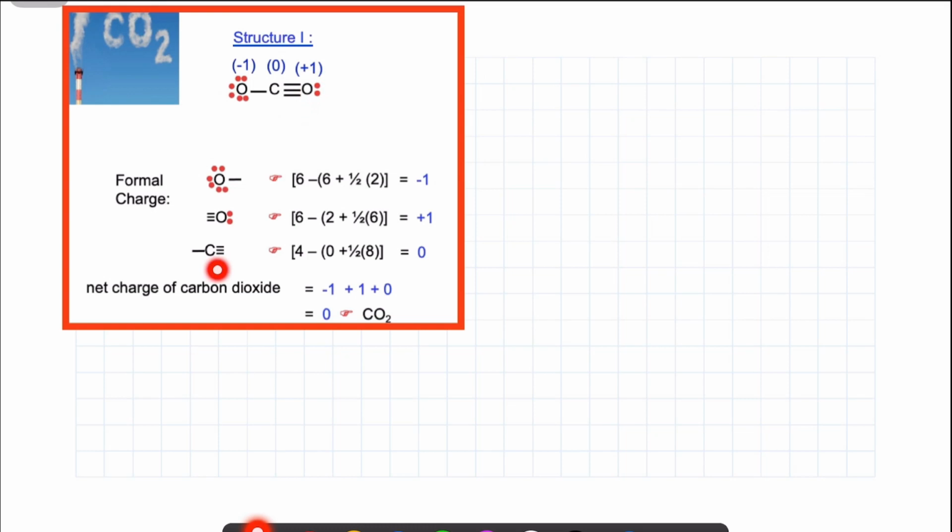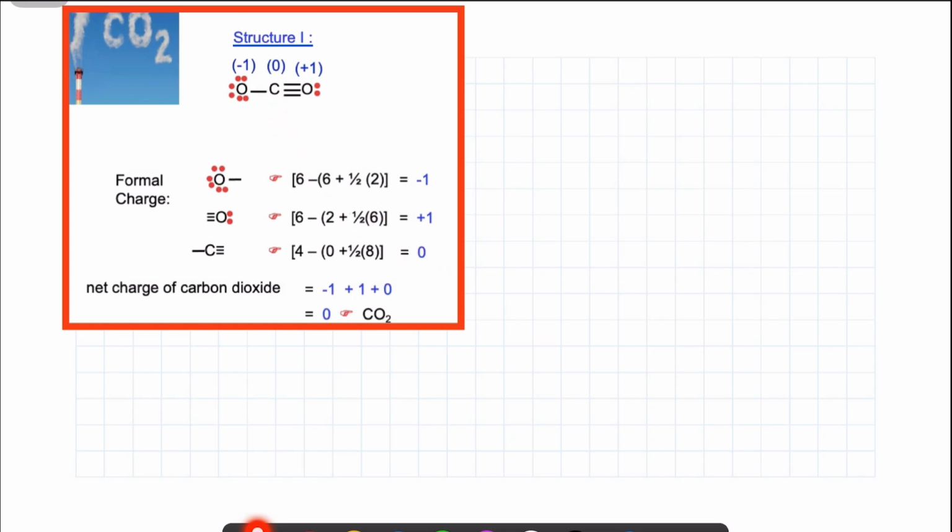And for the carbon, the valence electron for the carbon is 4. Minus 0, there are no lone pairs on carbon, but the bonding electron is half times 8, because there are 4 bonds around the carbon, 1, 2, 3, 4. So 1 bond is equivalent to 2 electrons, so 4 bonds is 8 electrons, and the formal charge for the carbon is 0.